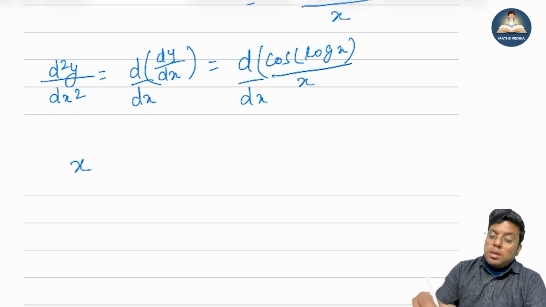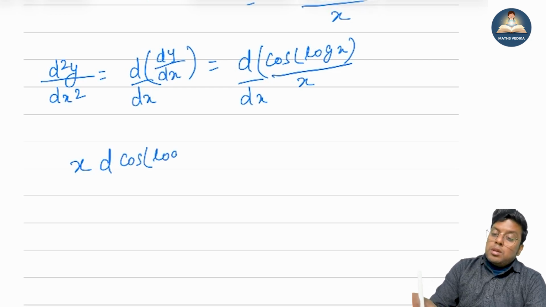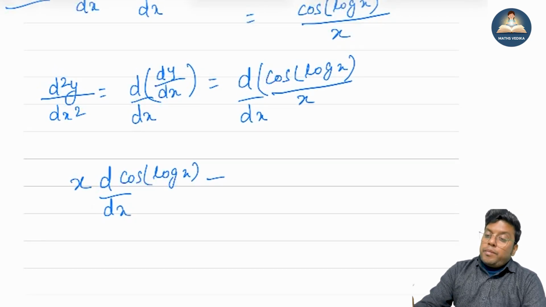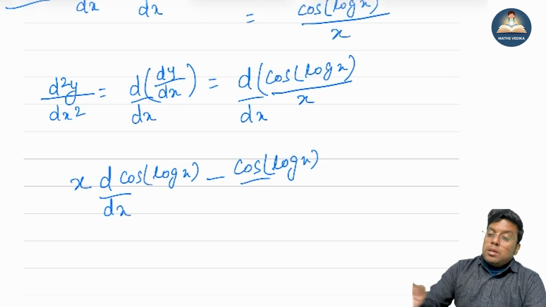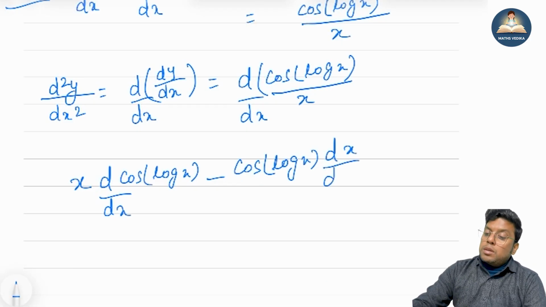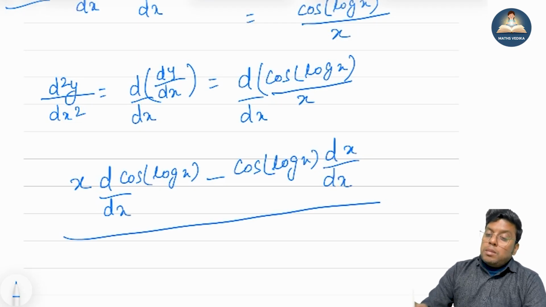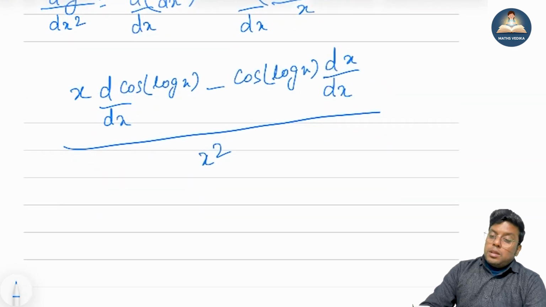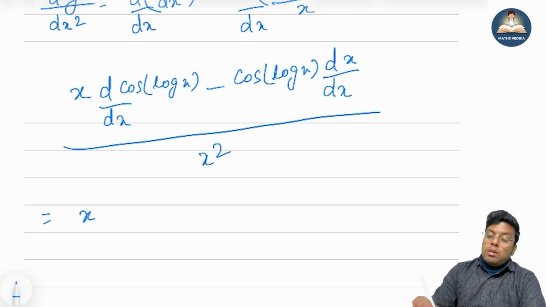So x into the differentiation of cos log x with respect to x, minus cos log x into the differentiation of x with respect to x, divided by x square.